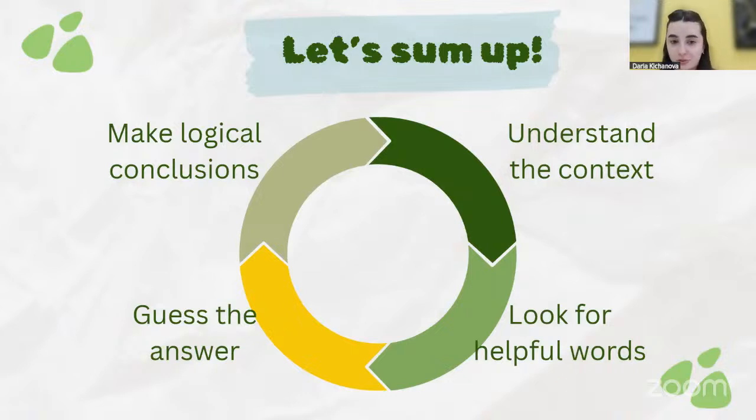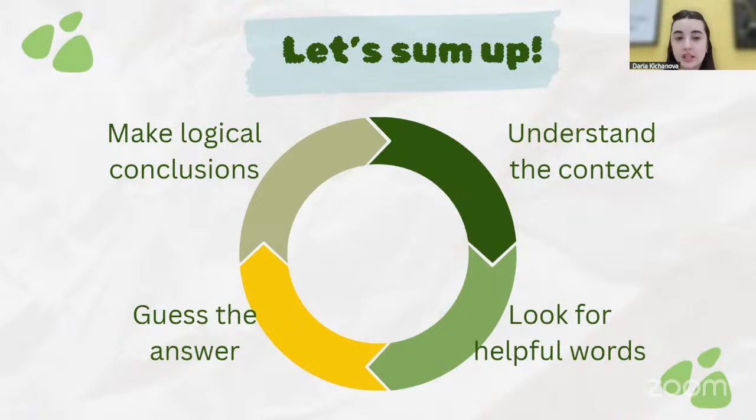So first of all, we need to start with the context. We need to understand it, we need to read the whole sentence to catch the main idea, what we want to say, or what the author wants to say. After that, you need to think about your own answer, what you can write there, and only then look for some helpful words.